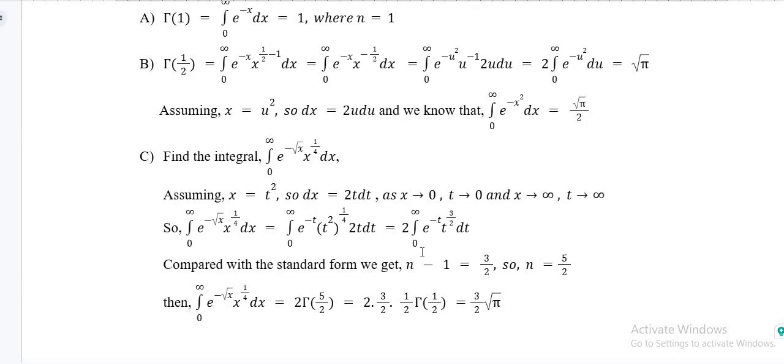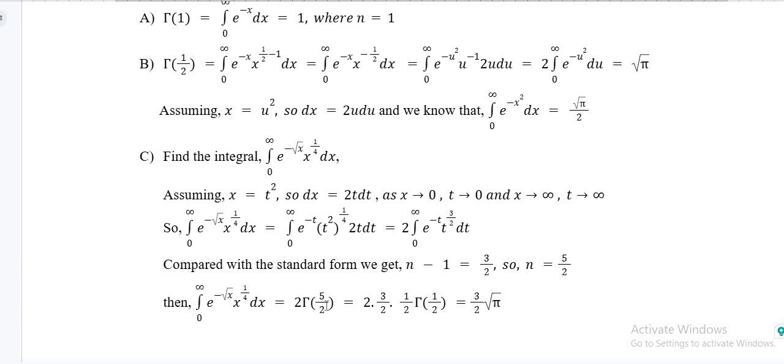So now here we have the integral from 0 to infinity of e to the power minus x and x to the power n minus 1. So what is n minus 1? Here n minus 1 is 3 by 2. So what is n? n is 5 by 2. Now you have 2 into gamma of 5 by 2, gamma of n.